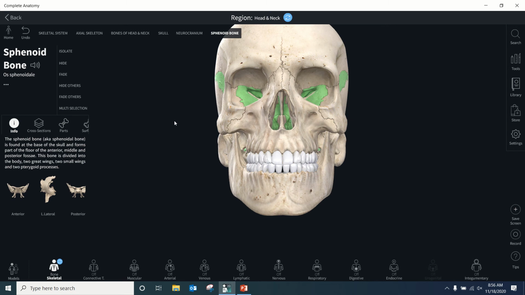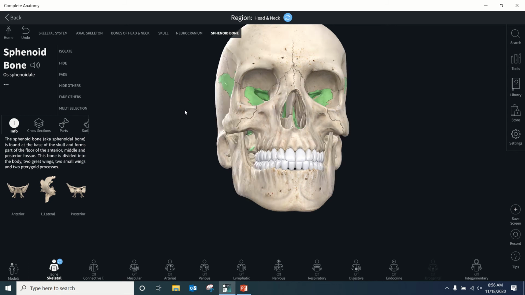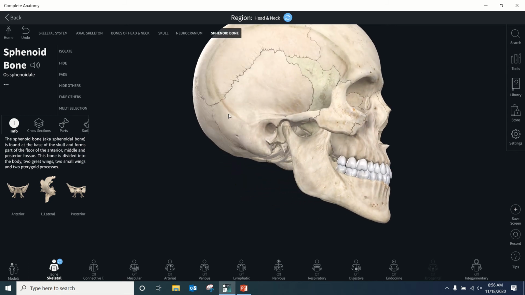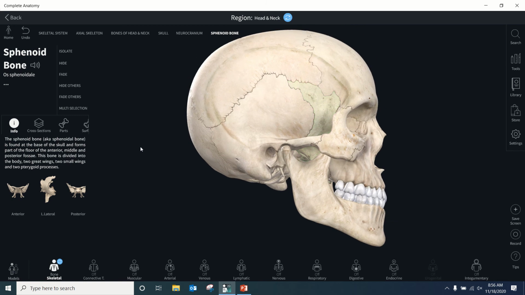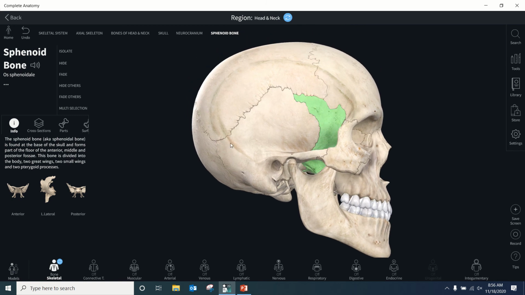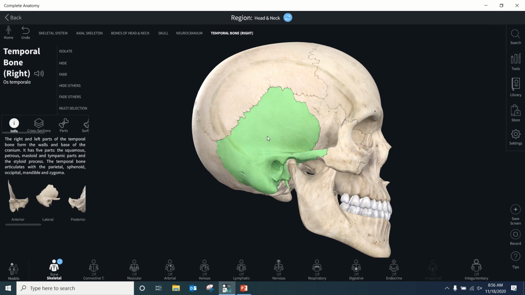All right, speaking of bones that do quite a few things, we're going to go to the temporal bone. From the sphenoid bone that's currently highlighted to the temporal bone, there we go. One of the interesting things about this one is that the name for the bone comes from the Latin word temporum, which means time. The reason for that naming is that typically when you get gray hairs, they're usually on the side of your head first.